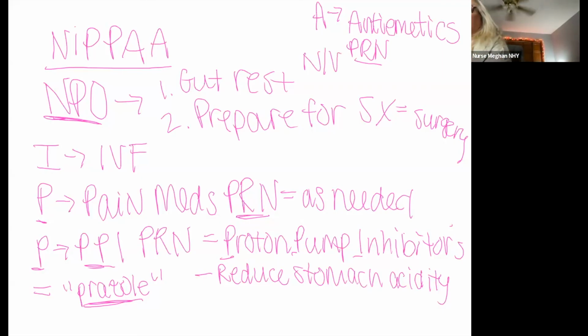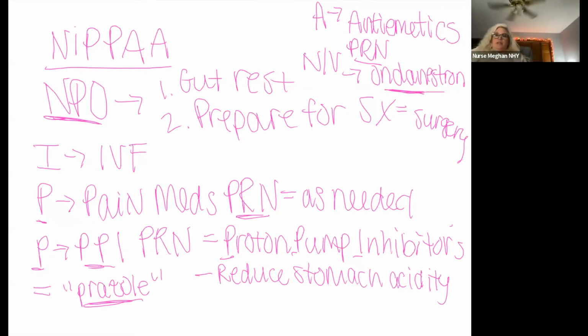An example is ondansetron, and that's a drug that's going to be given very, very frequently in real life, and then of course on boards. Ondansetron is also Zofran. For boards, you need to recognize ondansetron. In real life, you can use both. So the first A is antiemetics, PRN. If our patient is nauseous or vomiting, you want to give them ondansetron, and that's going to help alleviate that.